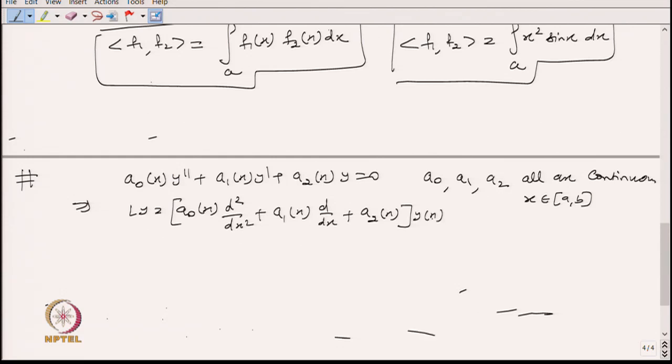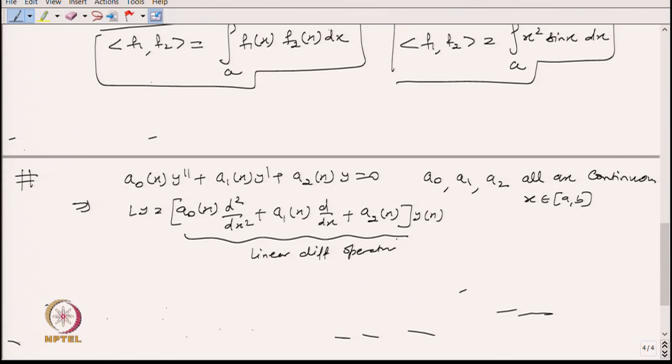This is the operator I am taking. This is my differential operator. I call it a linear differential operator, and this is my differential equation and this is my differential operator.